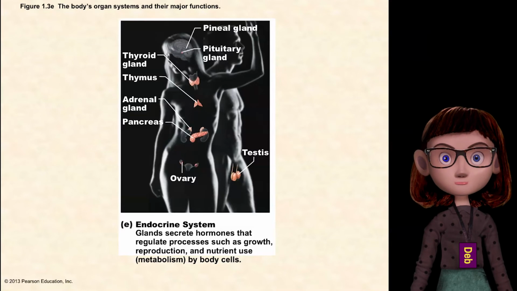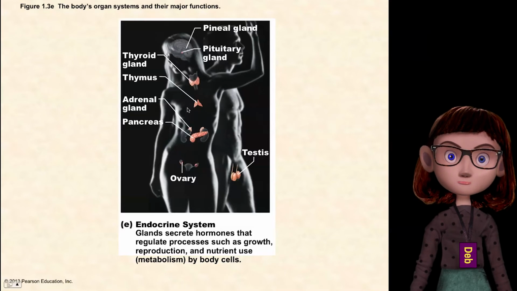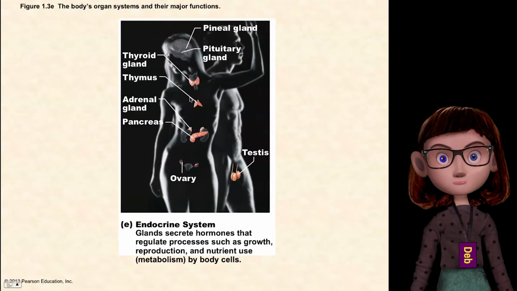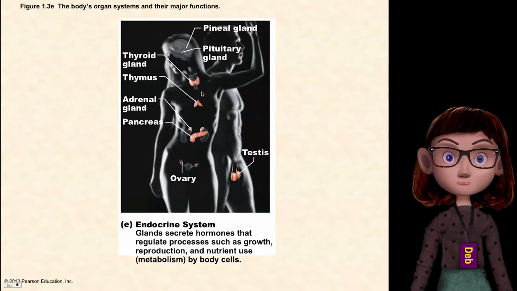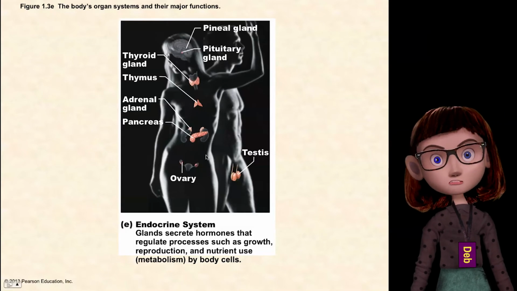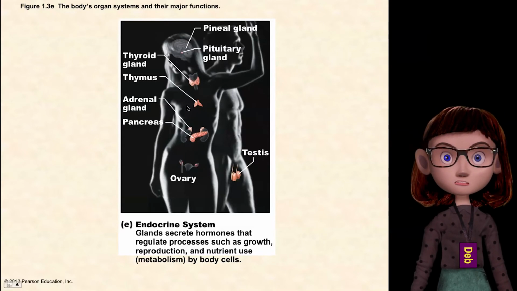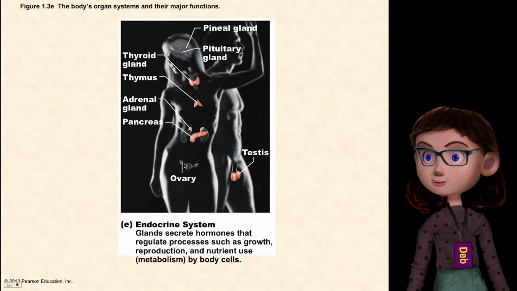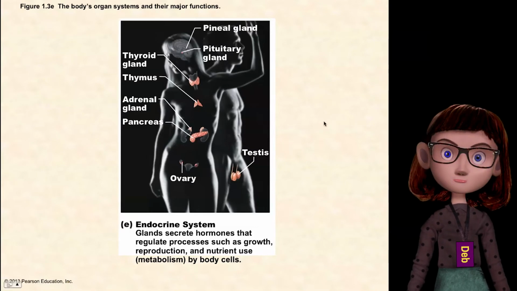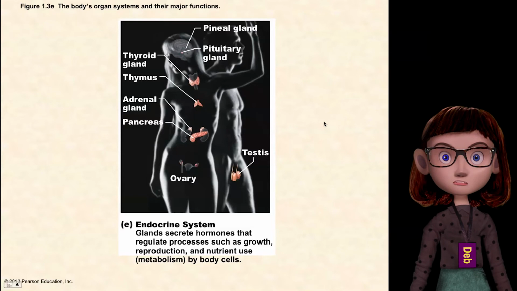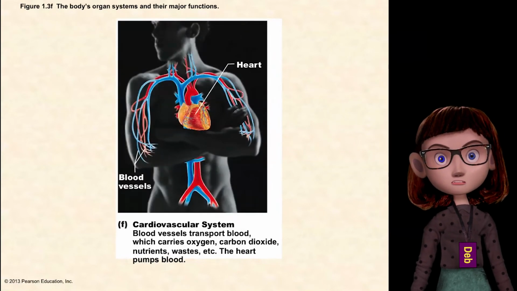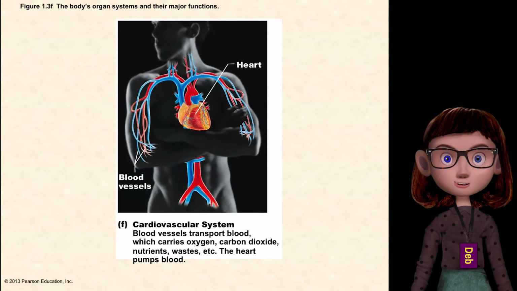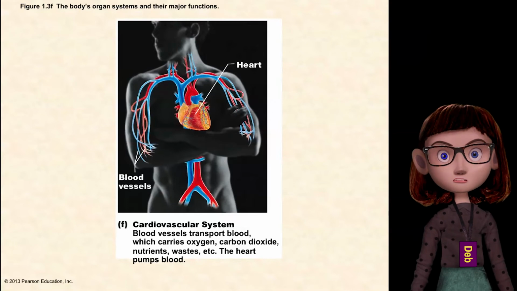They're very powerful, and they actually show here the female and male, because we all have the same endocrine glands, except with the reproductive system, where the female has ovaries and the males have testes. And each of these will produce and secrete different types of hormones. And of course we get to this in a later unit. Cardiovascular system, the blood vessels are going to transport the blood, and the heart pumps the blood. We have a whole unit on this as well.